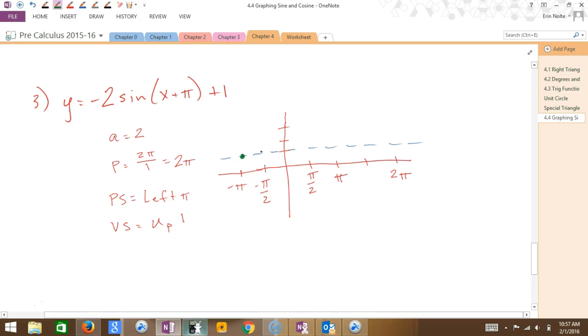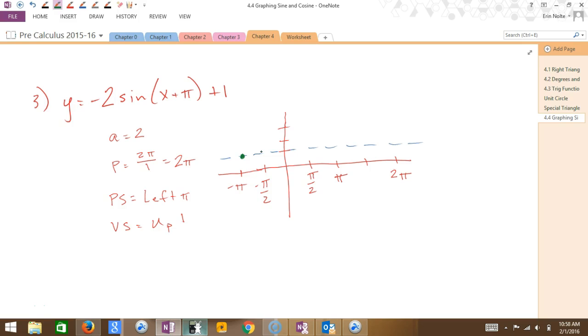Okay, now the next thing I want to think about is, did anybody else notice that there was a negative in front? Okay, so a negative flips every function upside down. Okay, so if normally we had a function that went up and then down, if we flip it upside down, what's it going to do first? It's going to go down first.